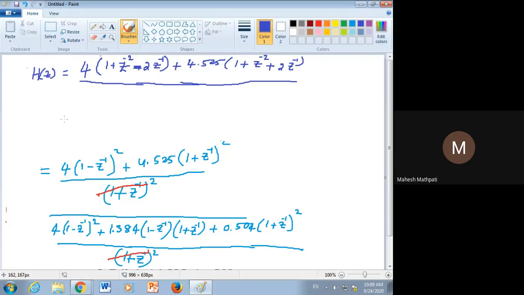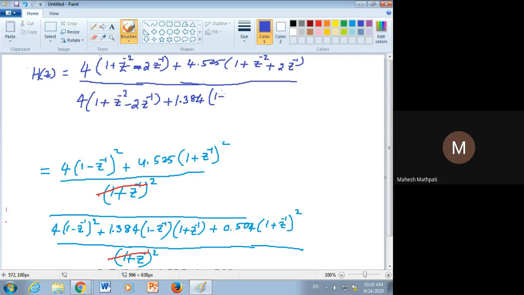this is again the same part, we will write it is 4 into 1 plus z power minus 2 minus 2 z inverse plus 1.384, what can we write for this now, (1 minus z inverse)(1 plus z inverse). So if I multiply these two, what I will write?